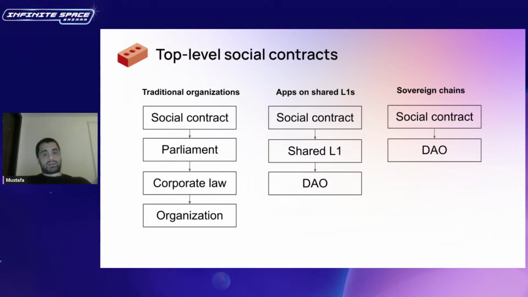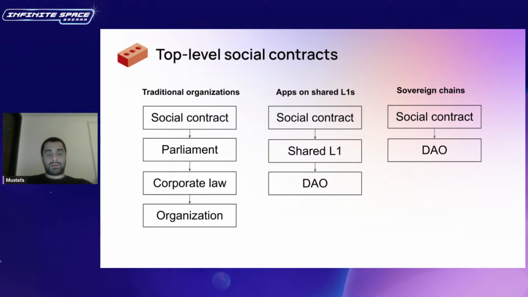But the interesting thing about a sovereign chain is, if you have a sovereign blockchain, whether it's a layer one or a sovereign rollup, and you have a DAO on that chain, there isn't any other social contract above it. It's its own social contract. It's a top level social contract in its own right, and that is fundamentally a new thing that you can do for the first time in history.